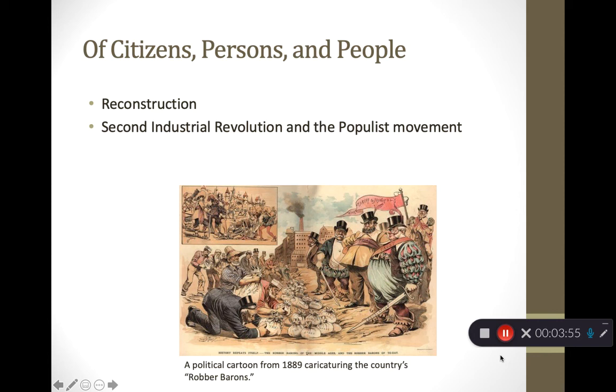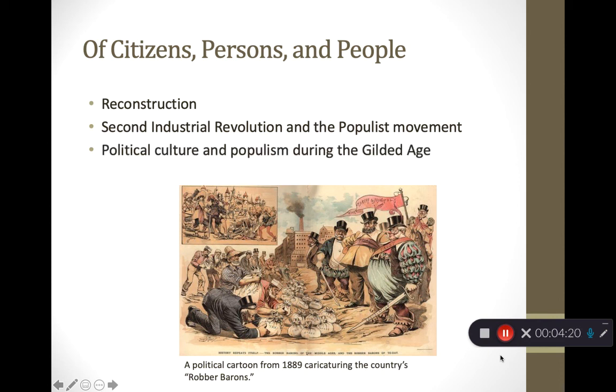And we're also going to see a populist movement that centers around the People's Party ultimately, and is primarily agrarian. It's primarily supported by farmers and rural people that is trying to respond to some of these problems created by the Second Industrial Revolution.